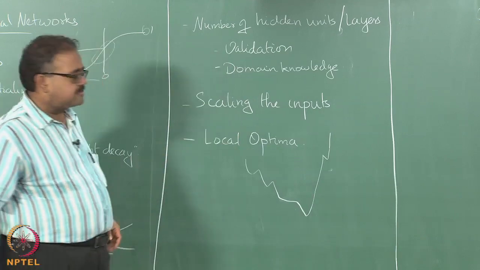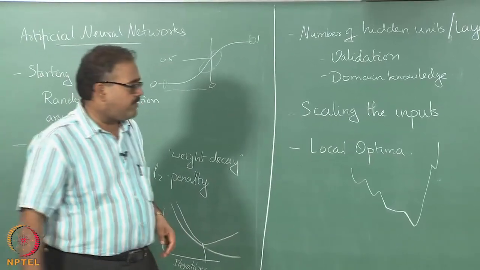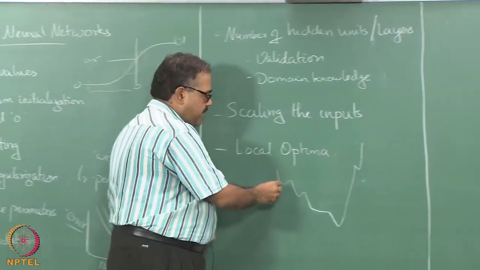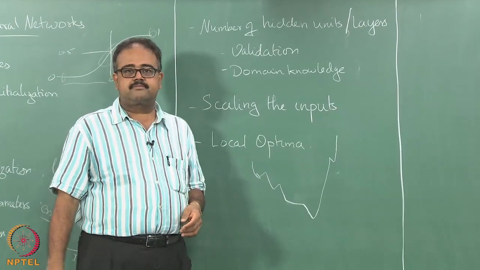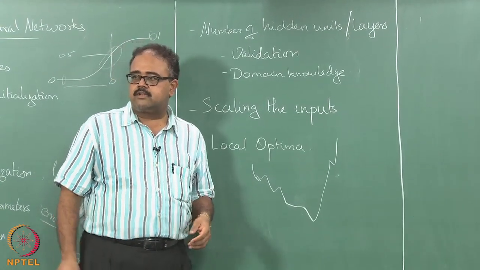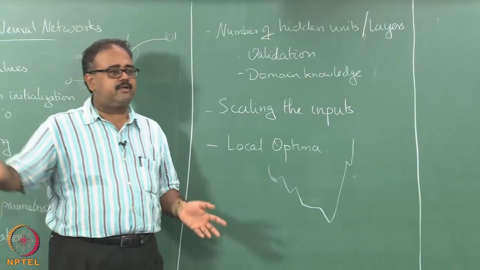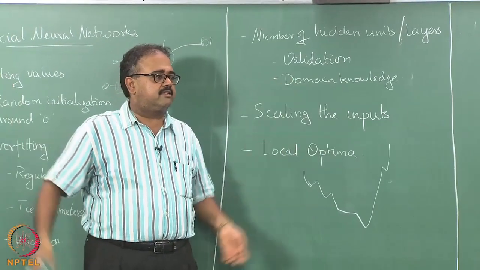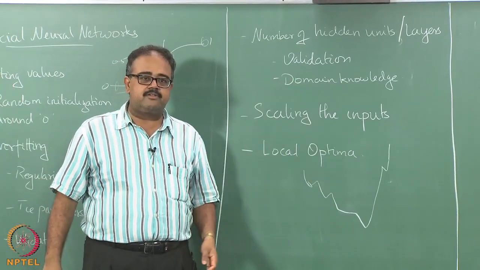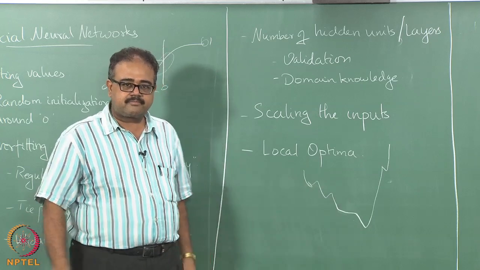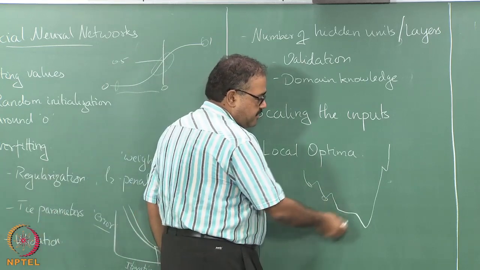It may even look something like this, okay. So if I am doing gradient descent, I might come here and get stuck. Whatever direction I try to go, the error is increasing. So I might say, okay, this is a good place to be in, and I might just stop there. I could get stuck here. What about here?